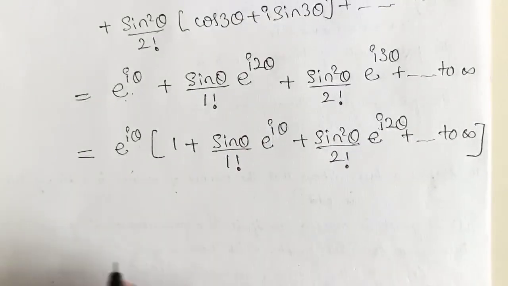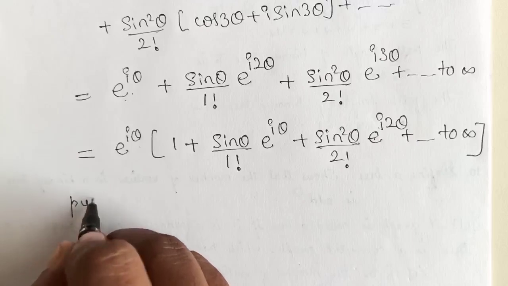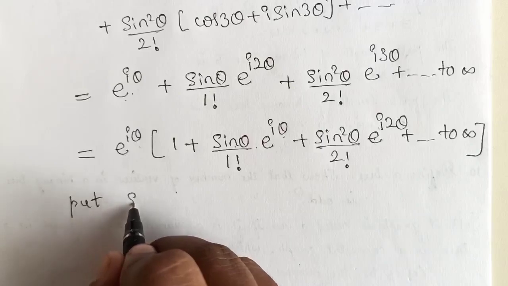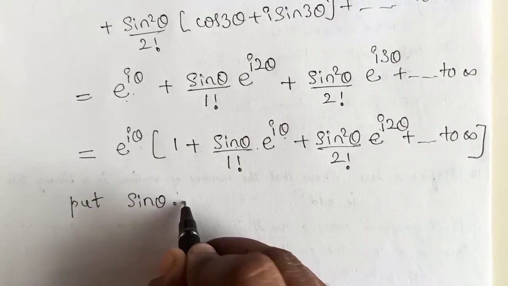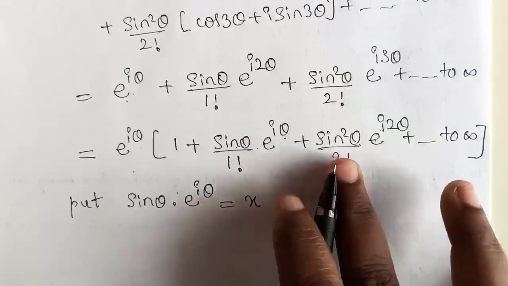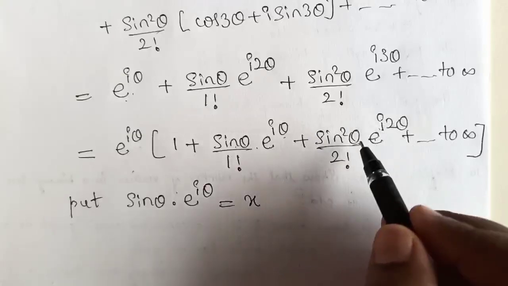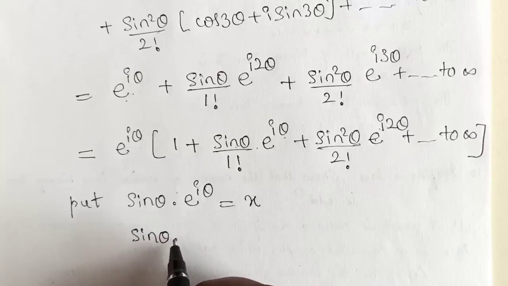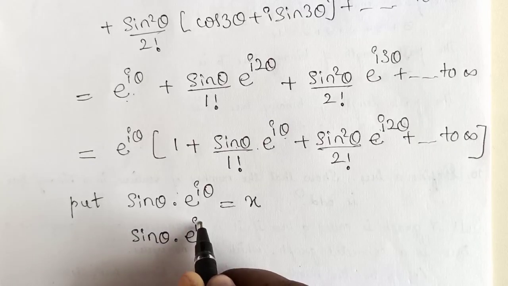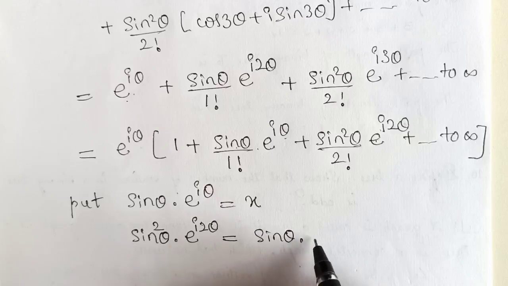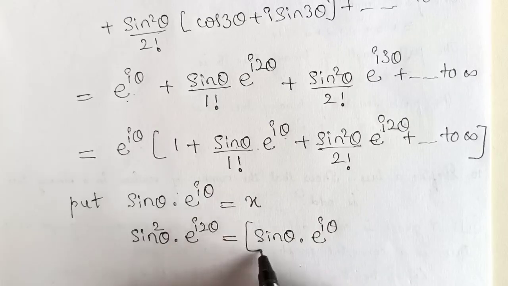Now we substitute sin theta into e raised to i theta as x. Sin theta into e raised to i theta equals x. Then you can observe that this becomes x square. So see here, sin theta e raised to i theta, and our sin square theta e raised to i 2 theta can be written as sin theta into e raised to i theta whole square.